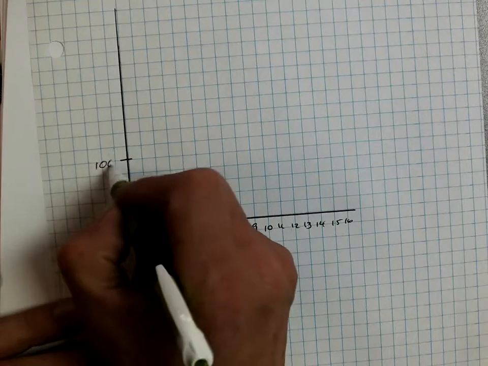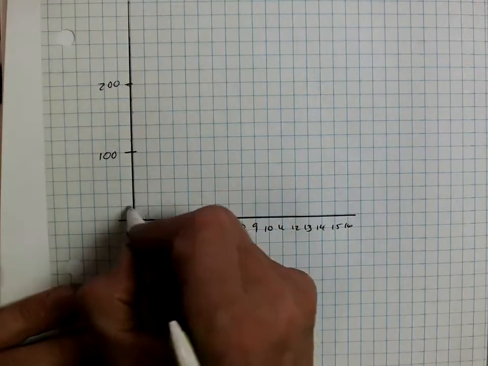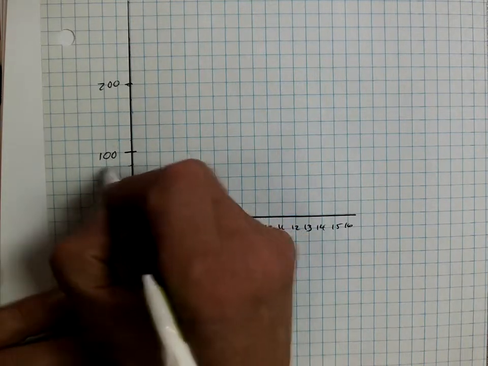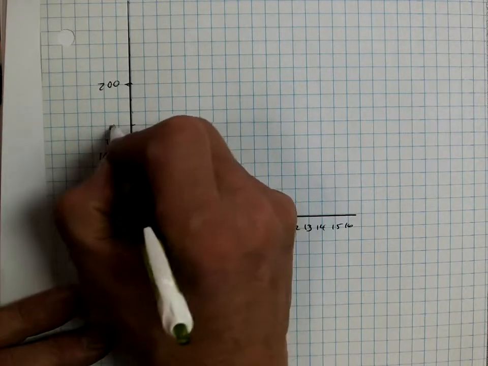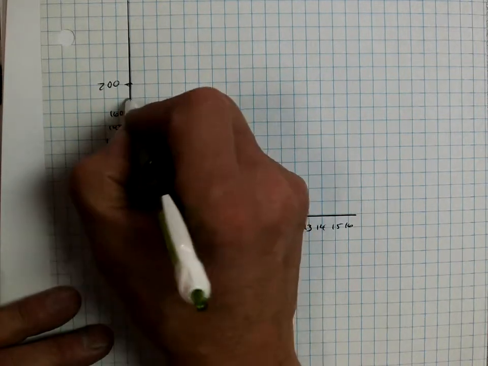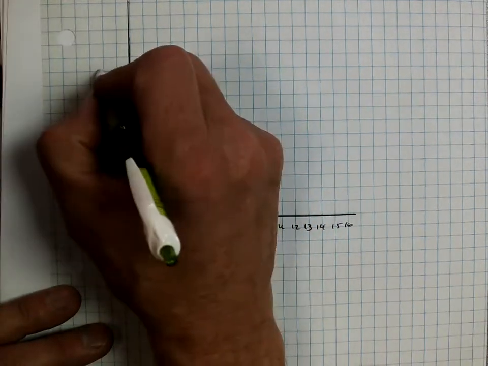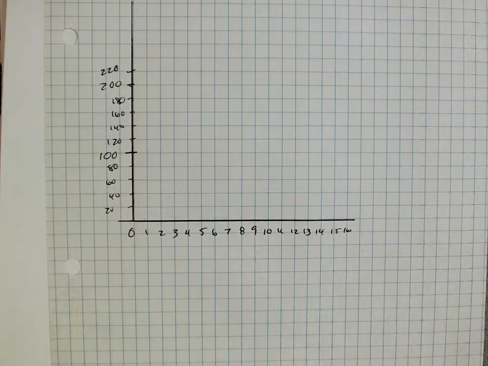Maybe I'll make that 100. 1, 2, 3, 4, 5. Maybe make that 200. So I'm going by 20s. That'll work for me. 120, 140, 180. Okay, and then 220.